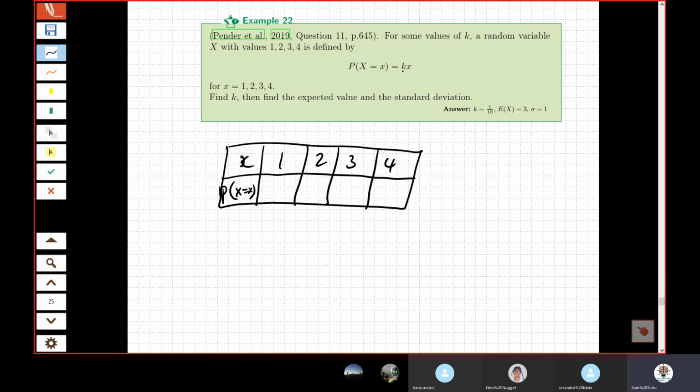So k is equal to, x is equal to 1, so that becomes k, 2k, 3k, and obviously 4k. That's your function. And it says find k, which I think we know how to do. Add these up equal to 1. Find the expected value. All right, go and find everything. Find k, find the expected value, find the standard deviation. See if it all works out for you.